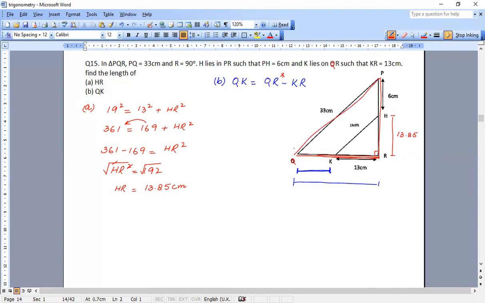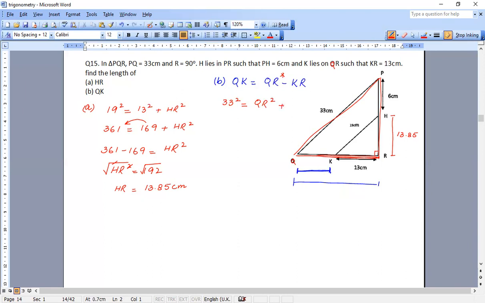In PQR, again, I have the lengths of two sides and have to find the third. Using Pythagoras theorem, hypotenuse square, which is 33 square, is equal to adjacent square plus opposite square. Adjacent is QR, so this will be QR square, which is what we are trying to find.